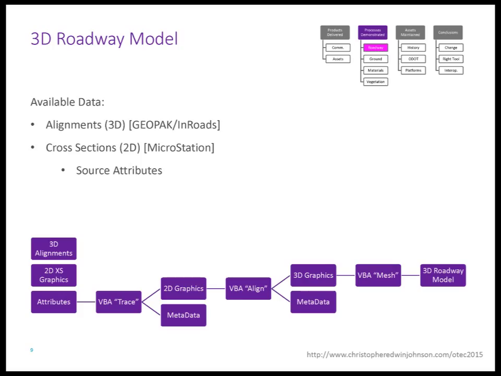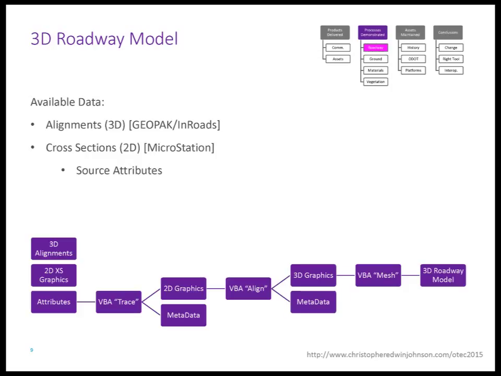So the first of four examples of models that were used, with this kind of heuristic or approach in mind, is a 3D roadway model. I'm showing here the data that was available. This is data that was delivered to the contractor, the electronic deliverable, after the design was complete.